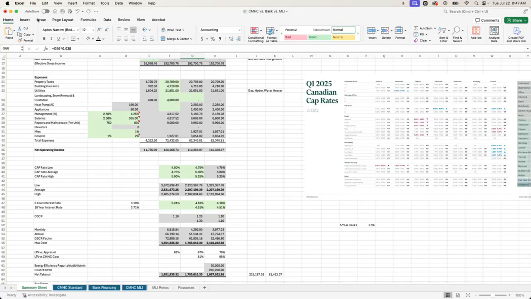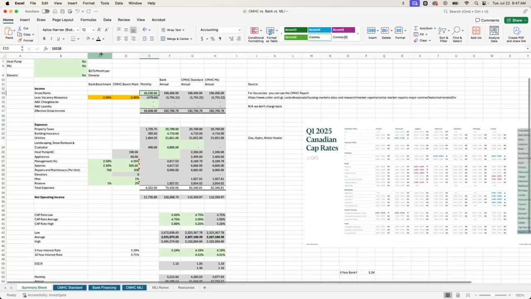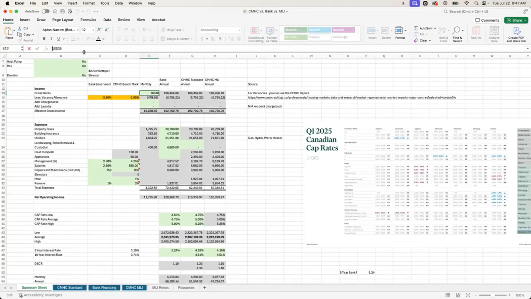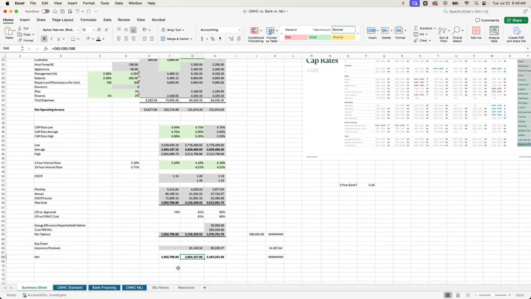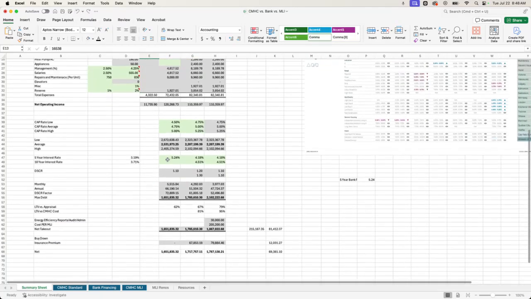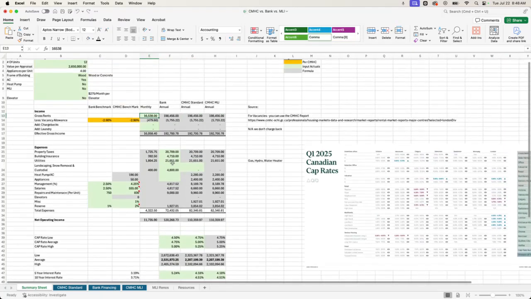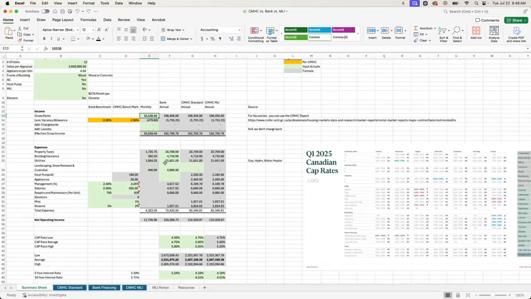And when we said, let's add that $2,000 up here, we saw that bank financing is still lower than CMHC, but you see that it gets relatively close. So it's cheap, quick, easy, able to get cash out. You have a relationship with your bank. It might make sense. However, for us on this specific deal, we are going with CMHC standard.